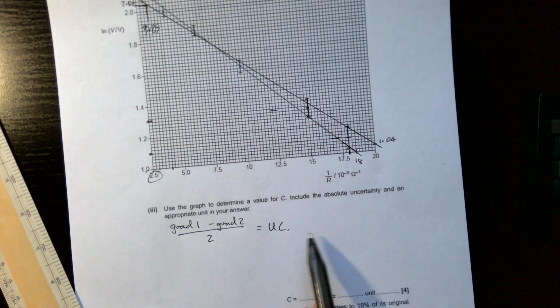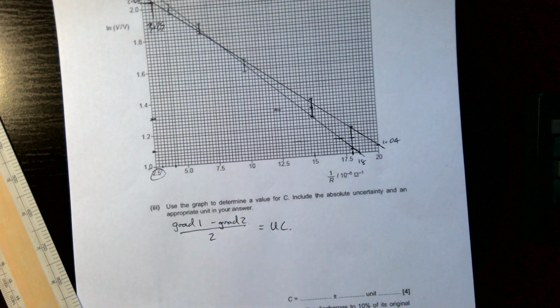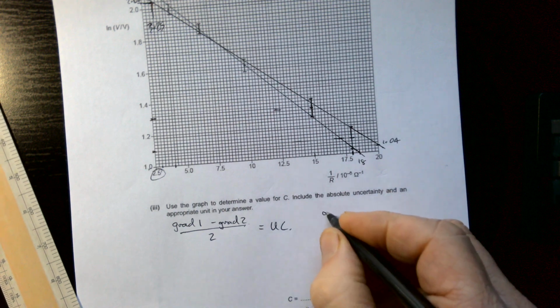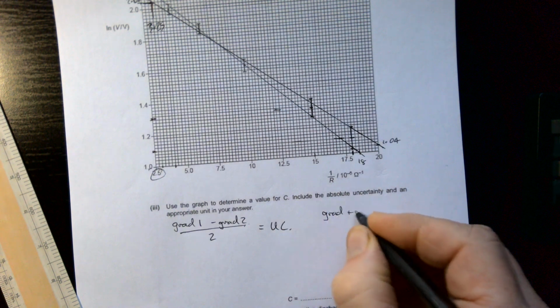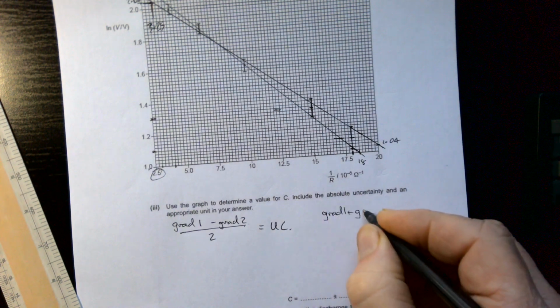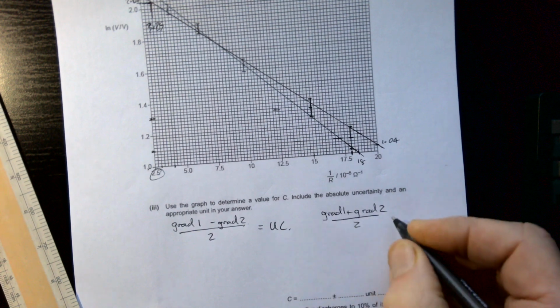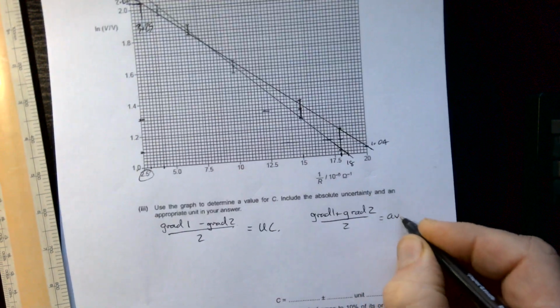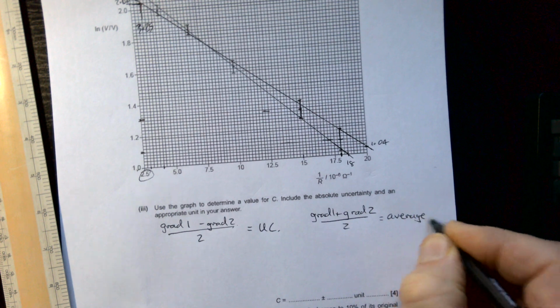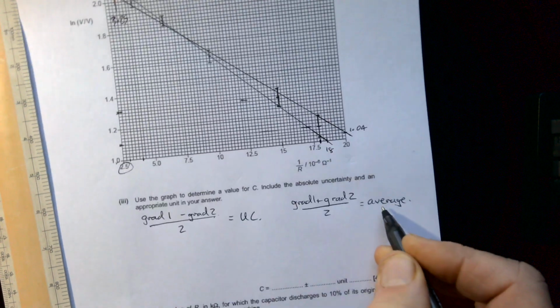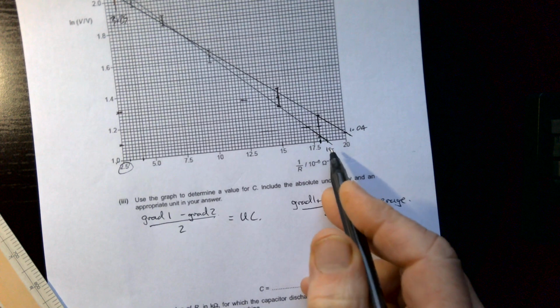Now you're probably not going to need it here straight away. However, if you do gradient 1 plus gradient 2 and then divide by 2, you're going to find the average. And that will be your value of average gradient.